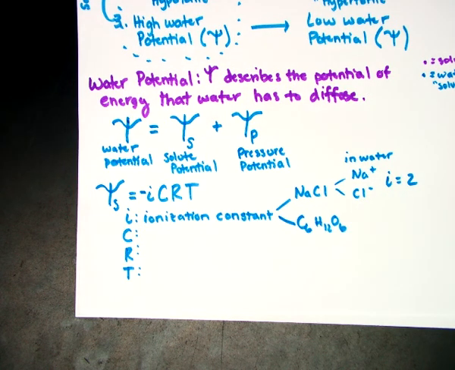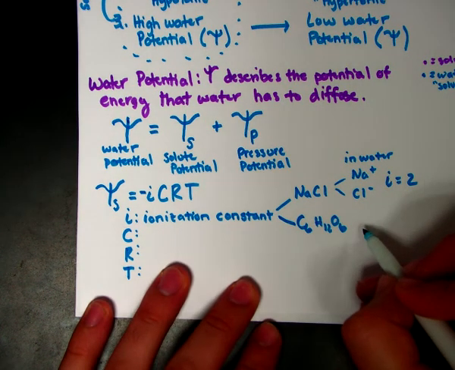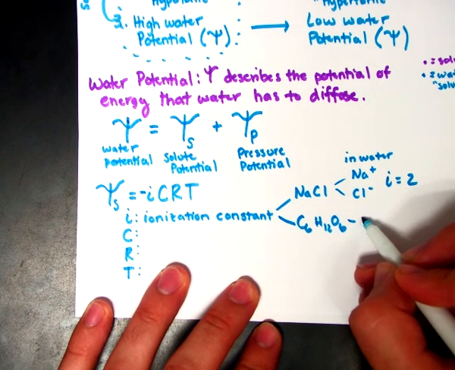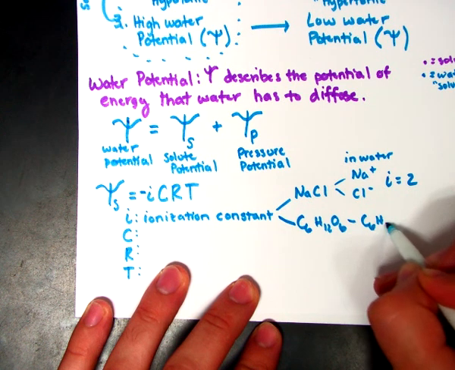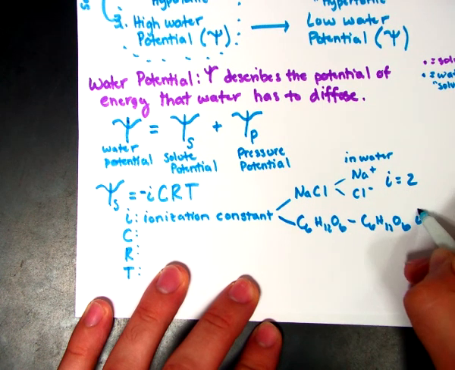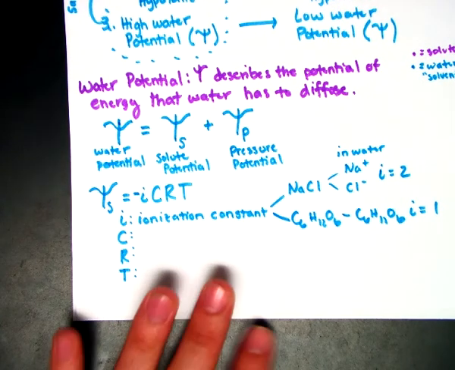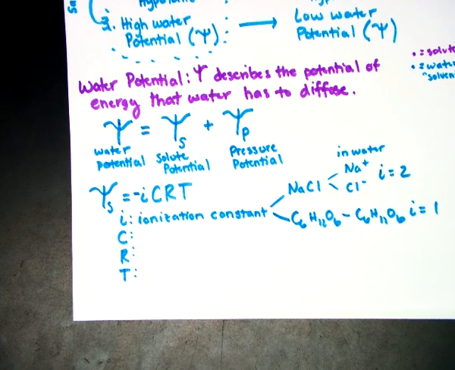It remains 1, so its I value, even in water, doesn't change. Sometimes they'll throw at you a molecule that ionizes into 3 parts, and so your I value will be 3. But for the most part, it'll be I equals 2 or I equals 1.